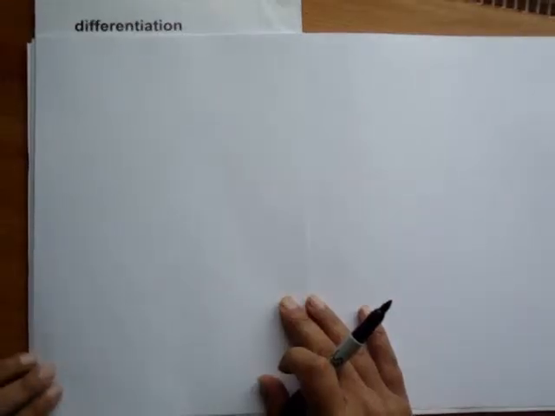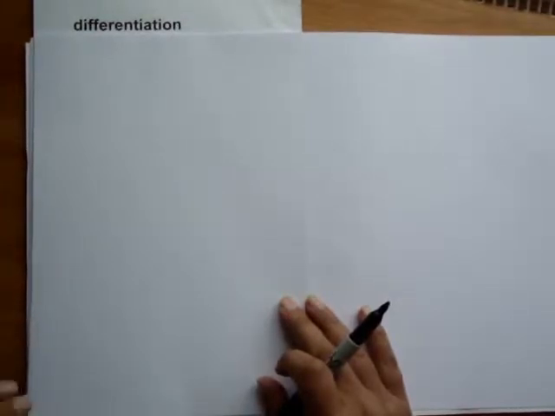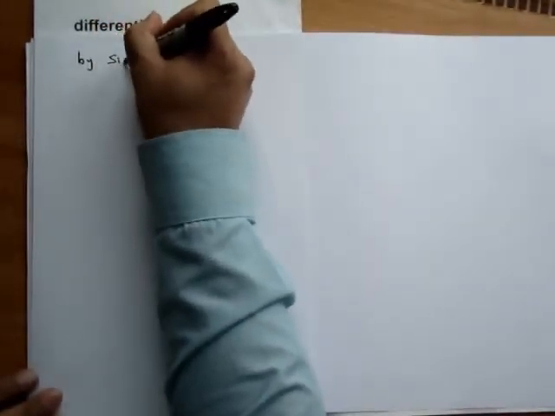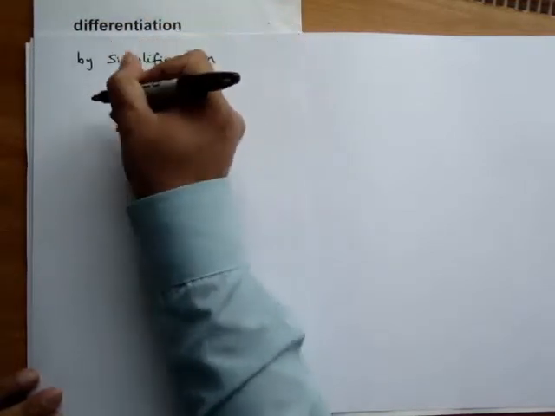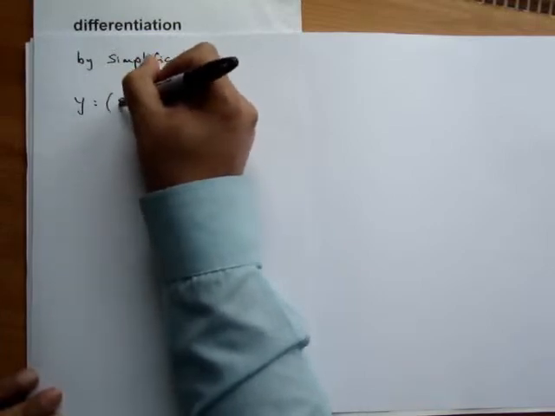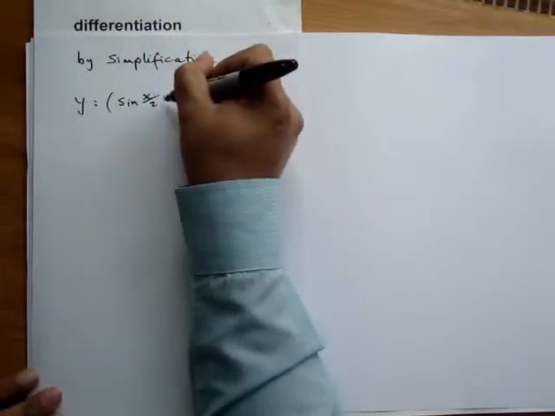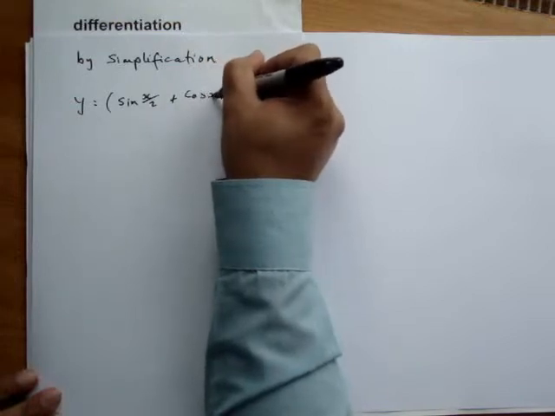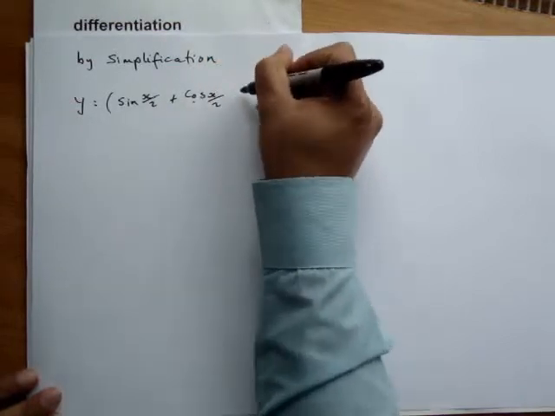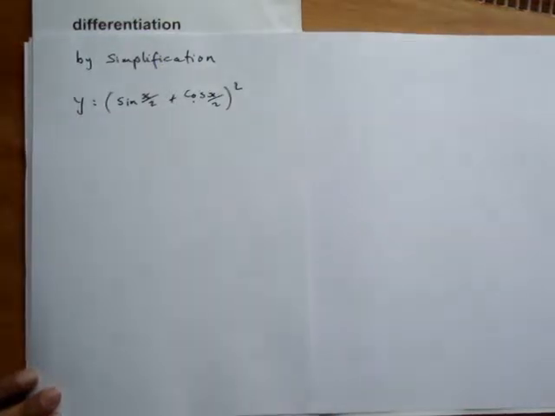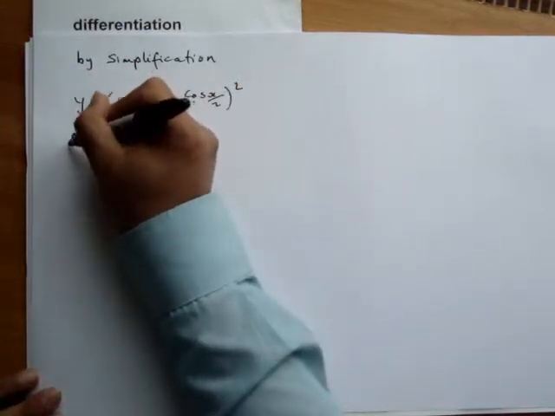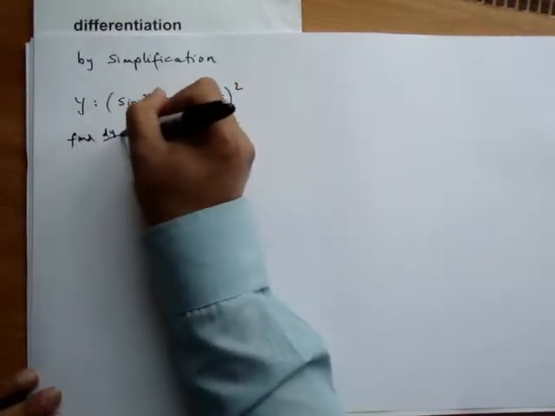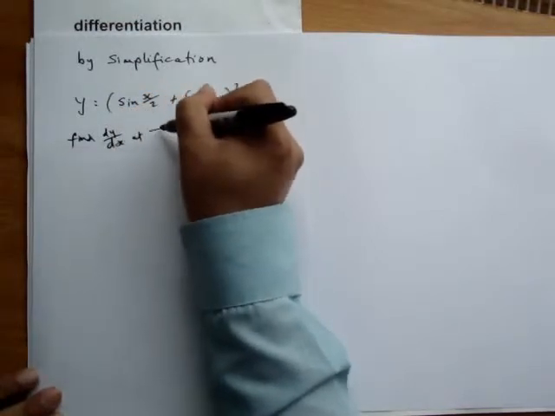We're going to have a look at some differentiation by simplification. So if y equals sine x over 2 plus cos x over 2, all squared, and we're asked to find dy by dx at pi over 6.